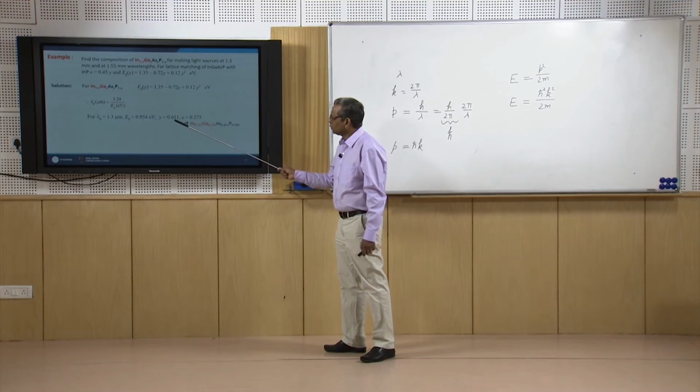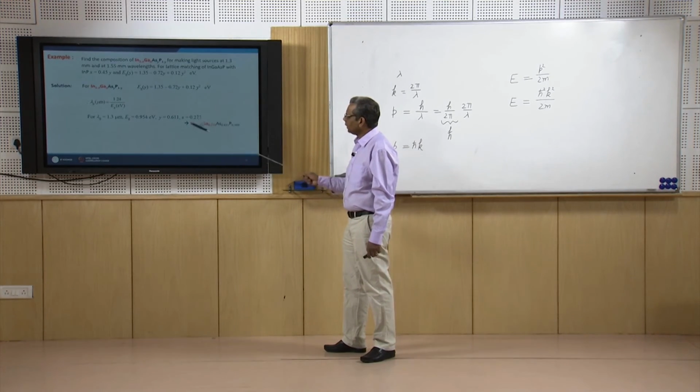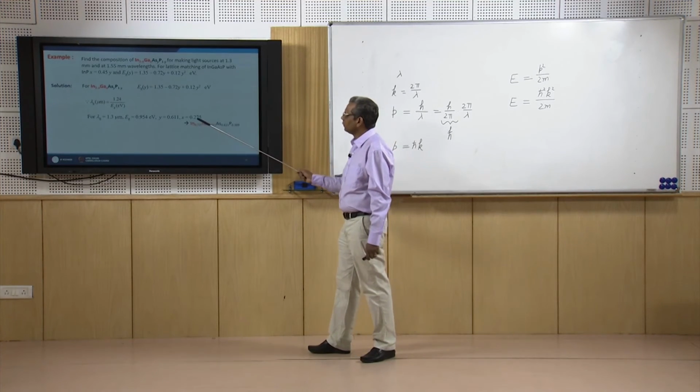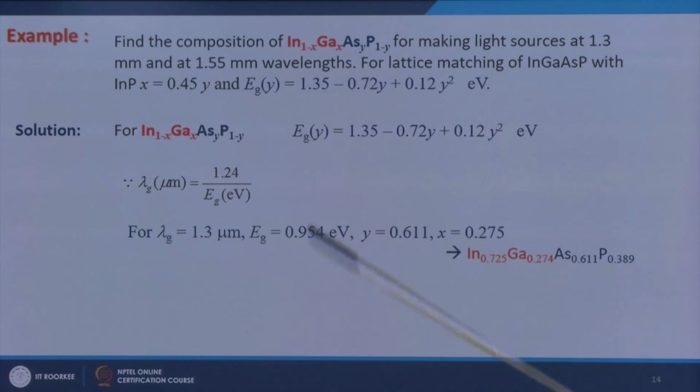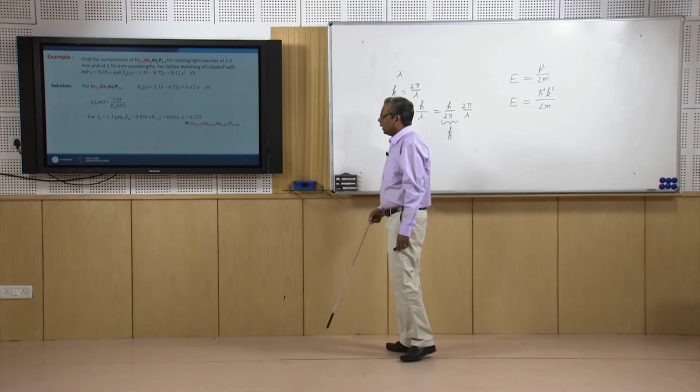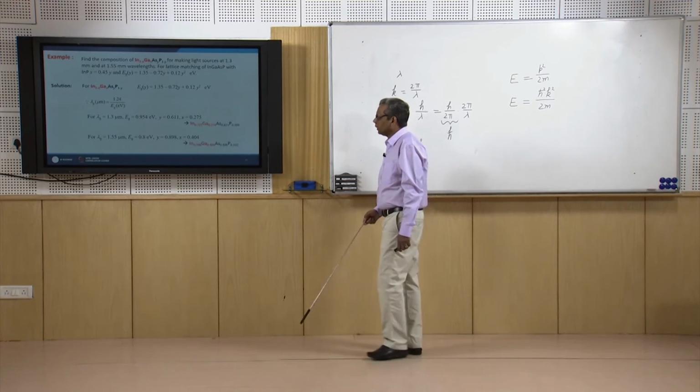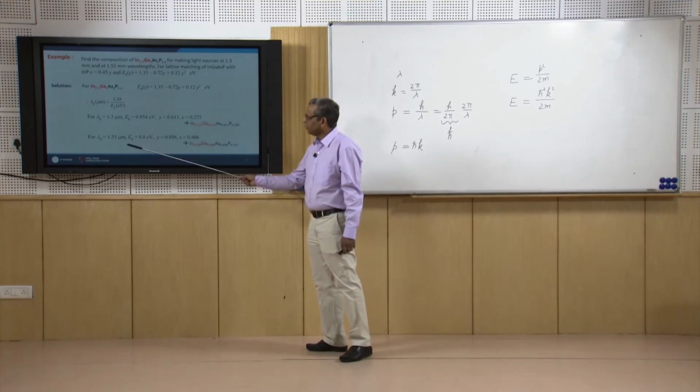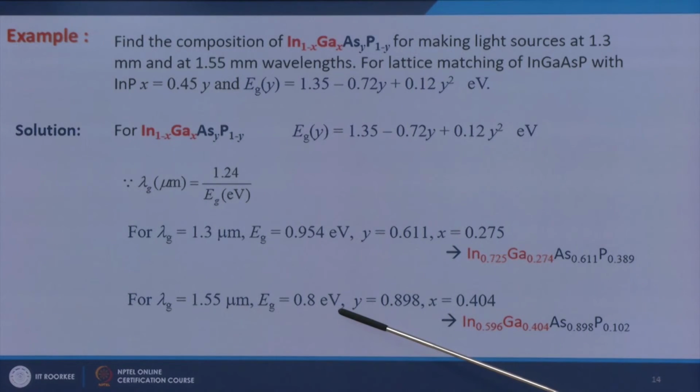The other value comes out to be 0.611, and it gives you X equal to 0.275 because X is equal to 0.45 Y. So, I can have the complete composition of indium gallium arsenide phosphide for lambda g equal to 1.3 micrometer. I can do the same for 1.55 micrometer. For 1.55 micrometer, Eg will come out to be 0.8 electron volts, and this will give you the composition of indium gallium arsenide phosphide like this.